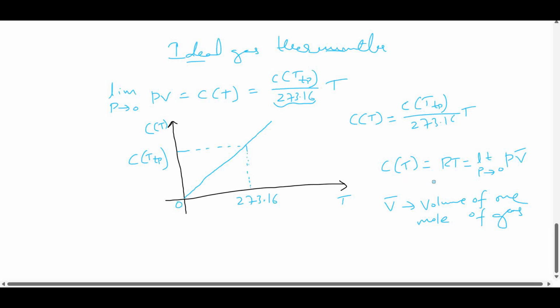So when we are using this property for real gases, the pressure has to be very small. It has to be tending to 0. Otherwise, the real gases will deviate from this expression, that is RT.